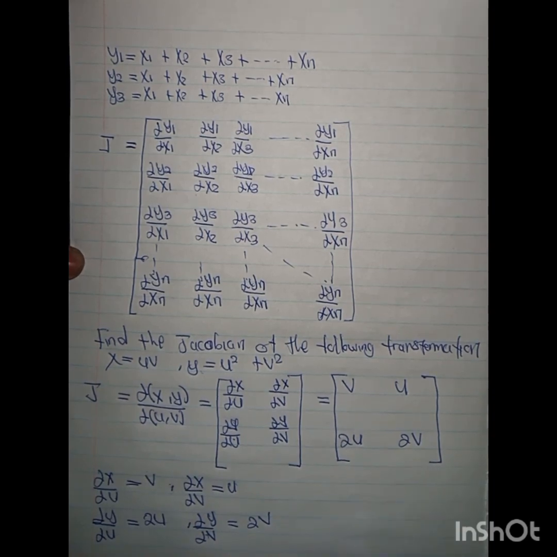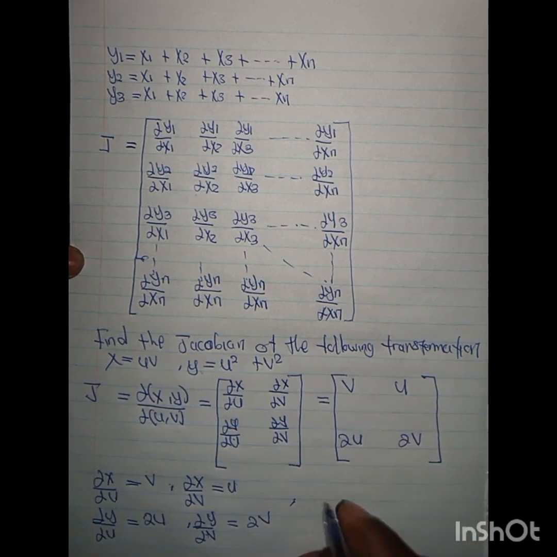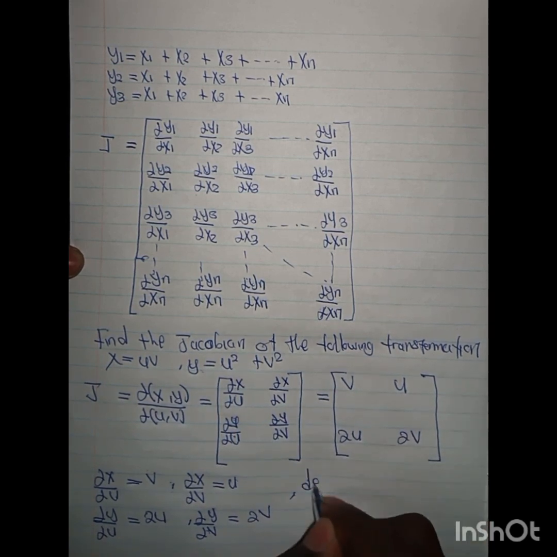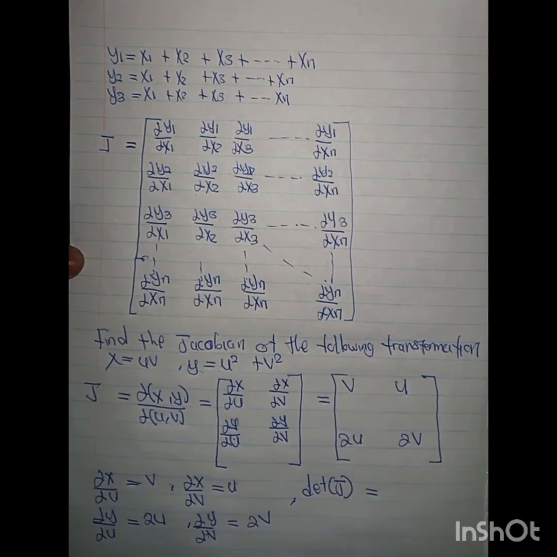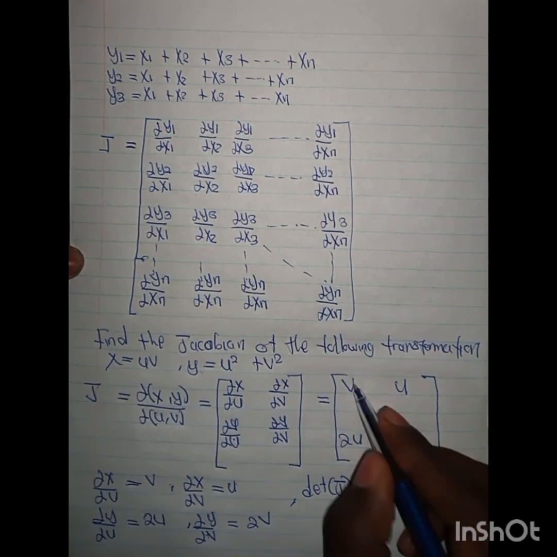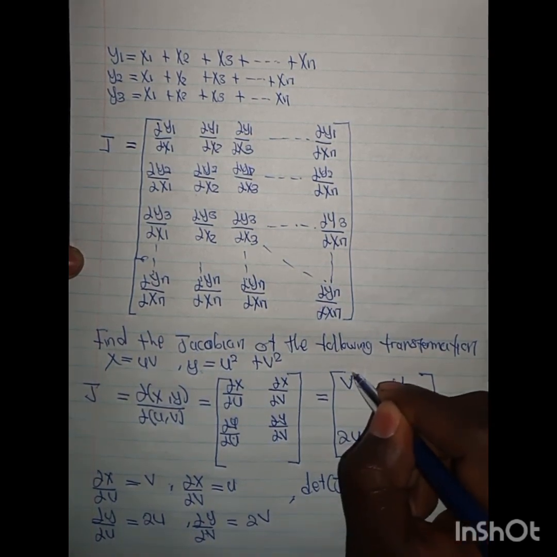Then out of this matrix, we can also find the determinant. When you want the determinant, this is a square matrix, so you want to find the determinant of the Jacobian matrix. So you know how to find the determinant. Then this is u times 2v. This is v, not u.